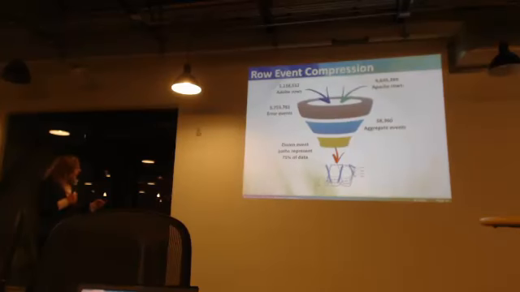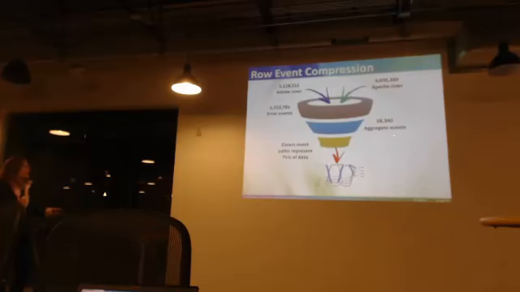So on the event row compression, I really wanted to show how we're displaying an enormous amount of data, just an enormous amount of data, because I have over 1 million Adobe rows coming in. I have over 4 million Apache rows coming into the system.